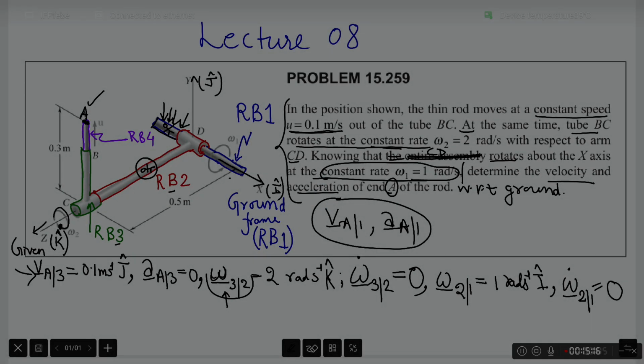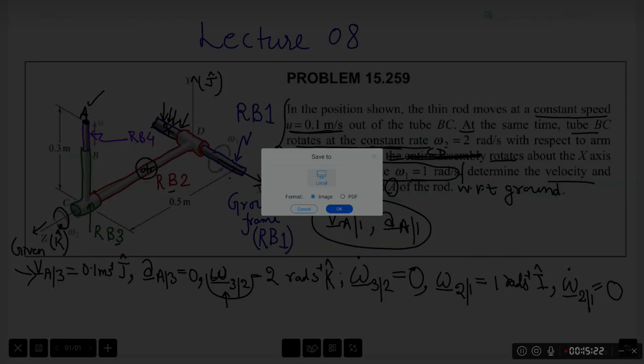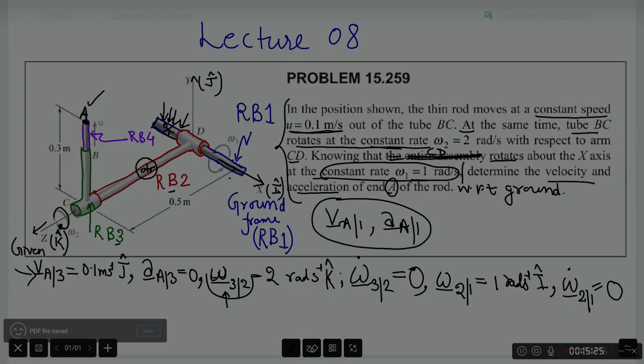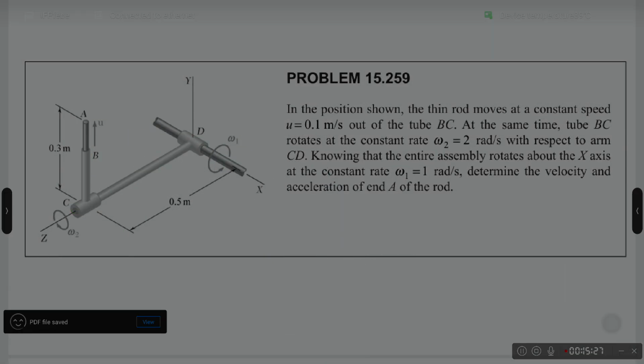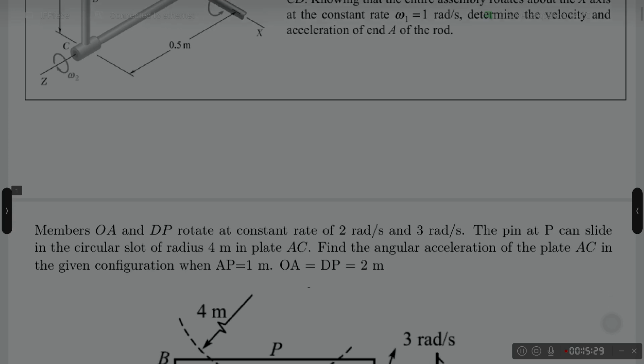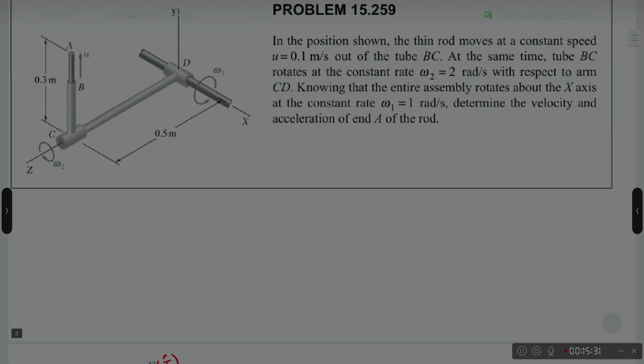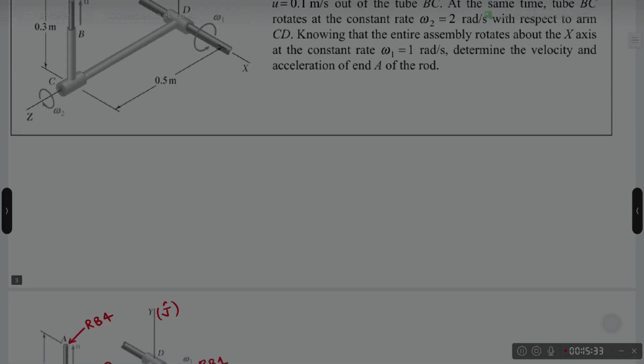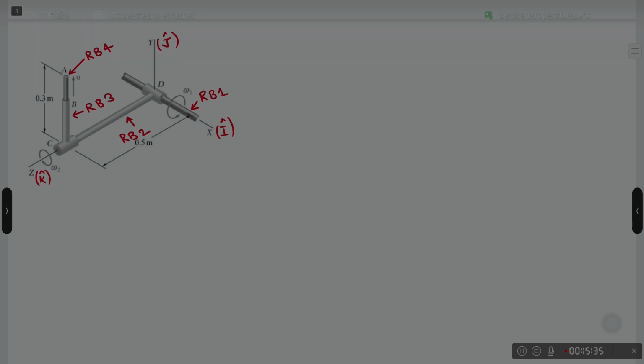So let's proceed with the solution steps. How do we find VA1 and AA1? All right.